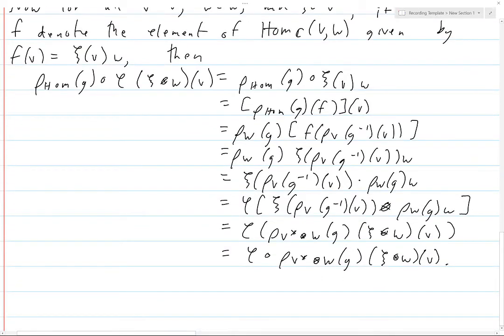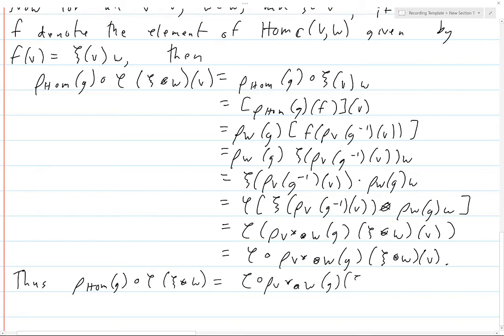So let's see here. This holds for all V, and since it holds for all V, we know that rho hom of G of this equals this whole thing.